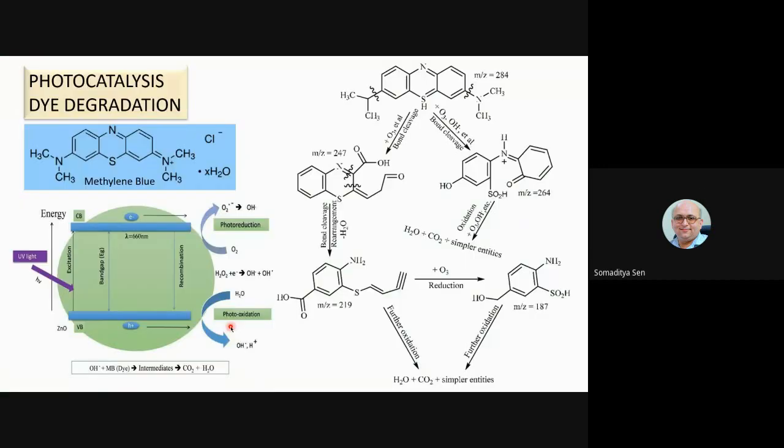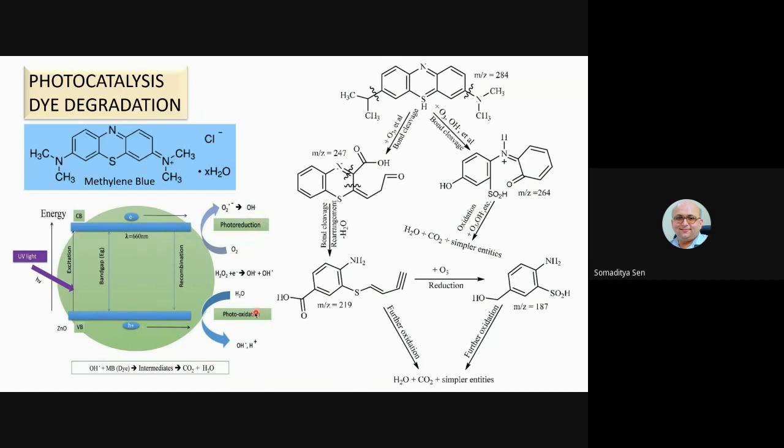Now, in photocatalysis, what happens in the MB? This is the structure of the MB. When you excite the material with light, the electron-hole pair generation happens, and then oxygen gets reduced to O2 minus, and then it generates an OH radical.